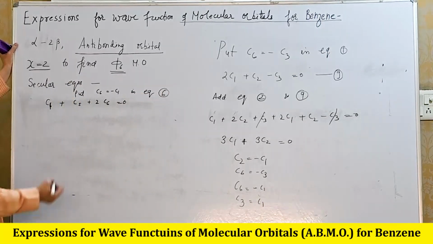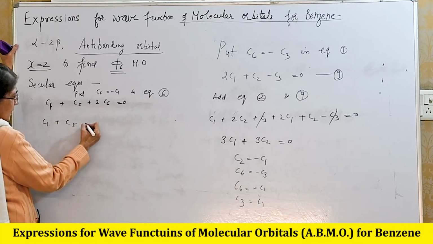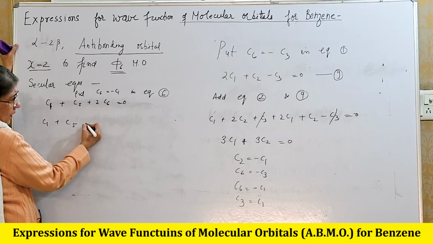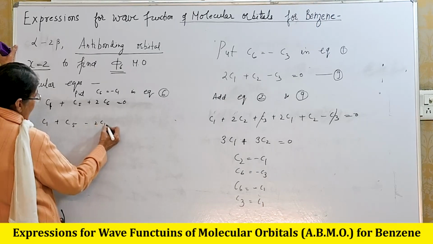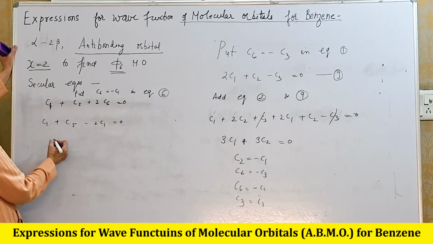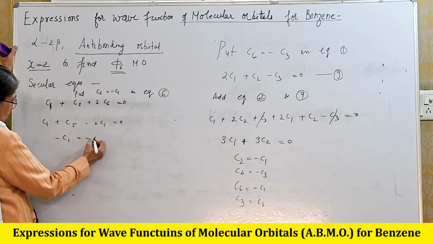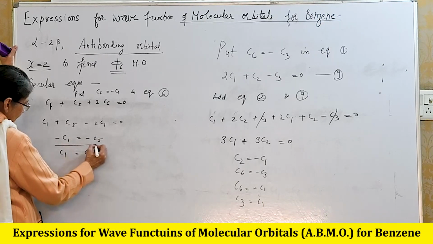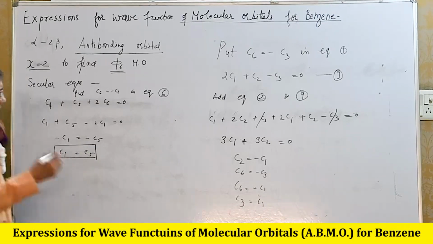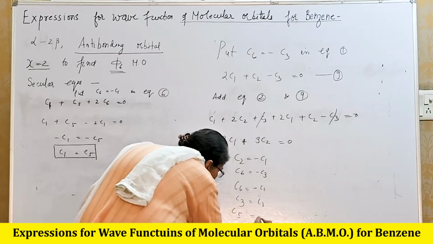Then you get C1 plus C5 minus 2C1 is equal to 0, therefore minus C1 plus C5 is equal to 0, therefore C1 is equal to C5. This is we got, C5 is equal to C1.